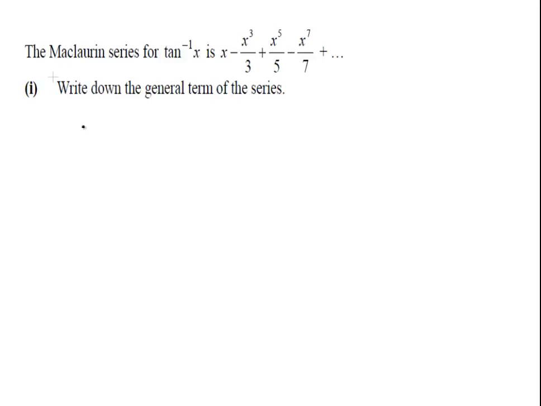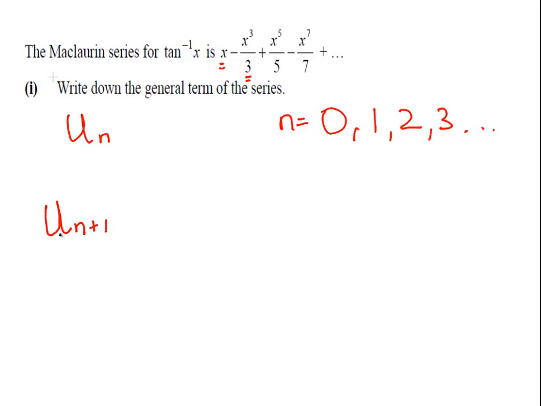Here n is 1, 2, 3, 4, and so on. That's not what we have here. The first term is x to the power of something, 0. So in this case, what you do is n plus 1.